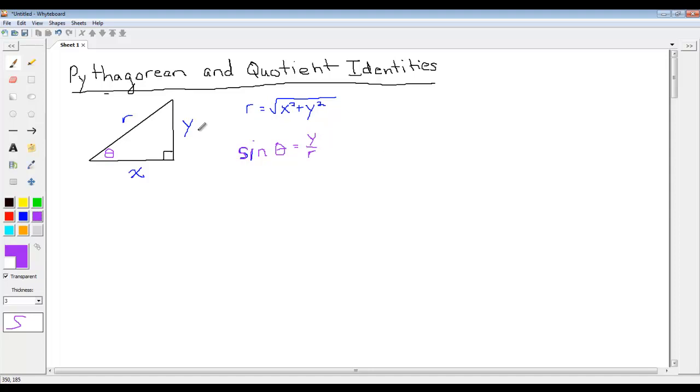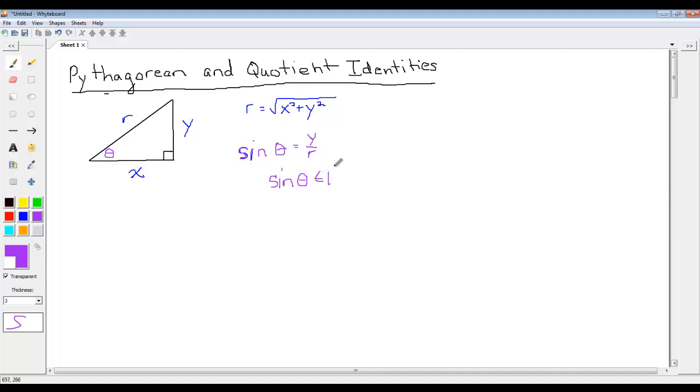If y is positive and r is always positive, you have a smaller number over a larger number, which always gives a proper fraction. So sine of theta is going to be less than or equal to 1. If y and r are equal, that gives you 1, and if y is smaller than r, you get something less than 1.